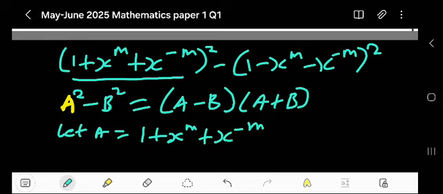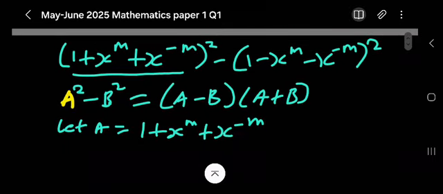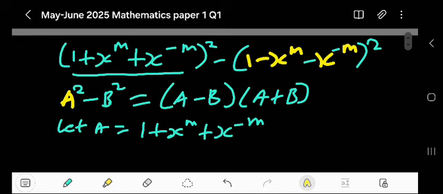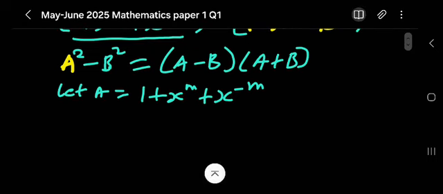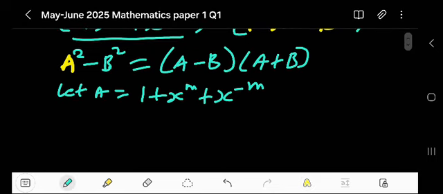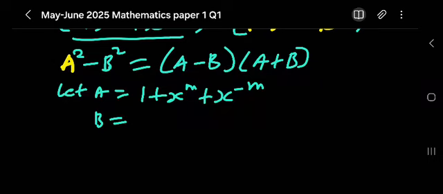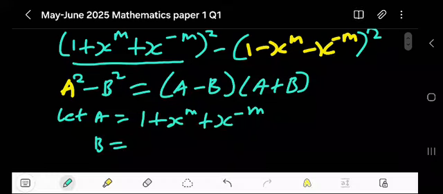You see, I equate what is inside there. I can also let b be equal to the other one, which is 1.